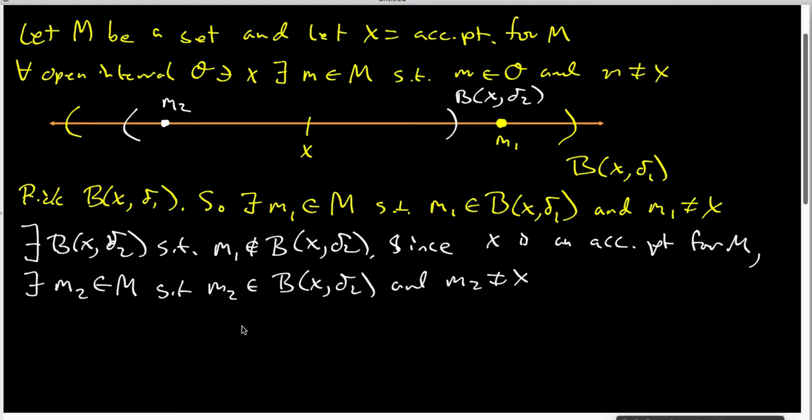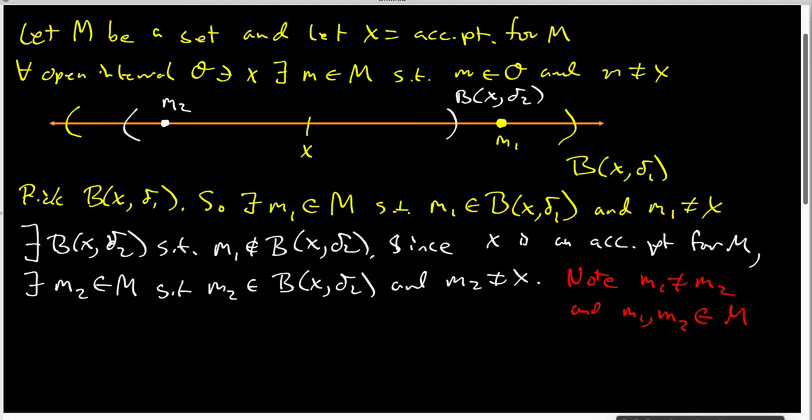And clearly, because M2 is inside this smaller delta ball and M1 is not, we can make the note that M1 and M2 are clearly different elements, and they are both inside set M, and consequently set M has at least 2 elements. Well, we can repeat this argument to get the third element.